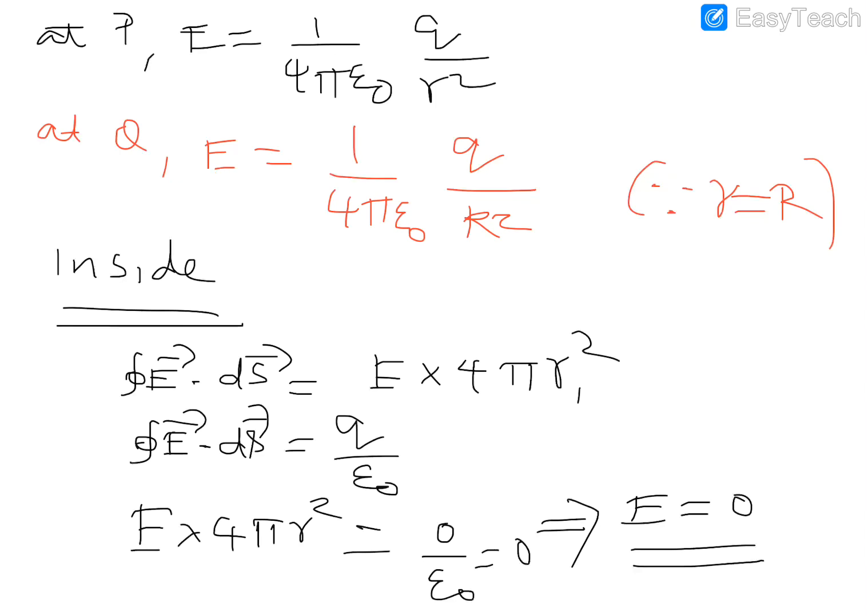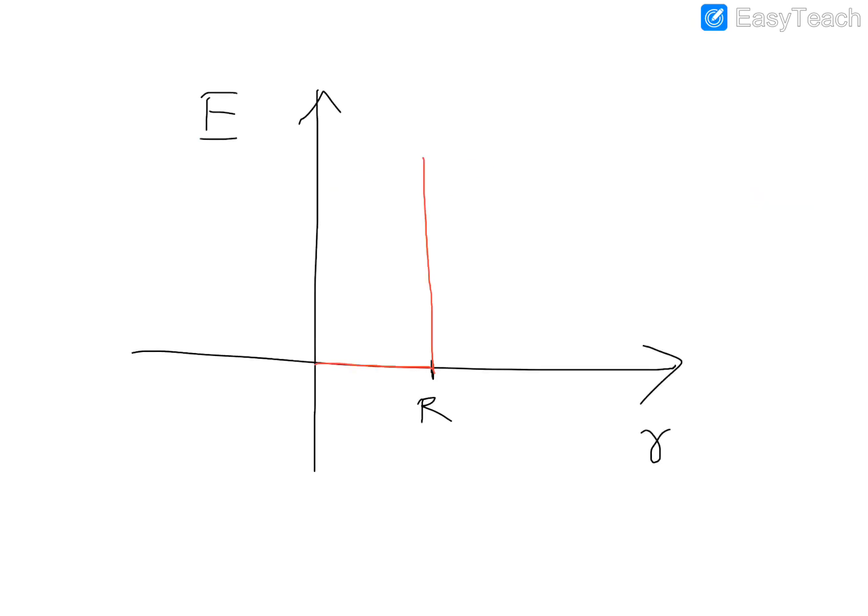So this is more than the electric field outside, and you can see that it is changing with r square. So there will be an inverse parabolic relationship. Your graph will be decreasing like this. This is E at surface.